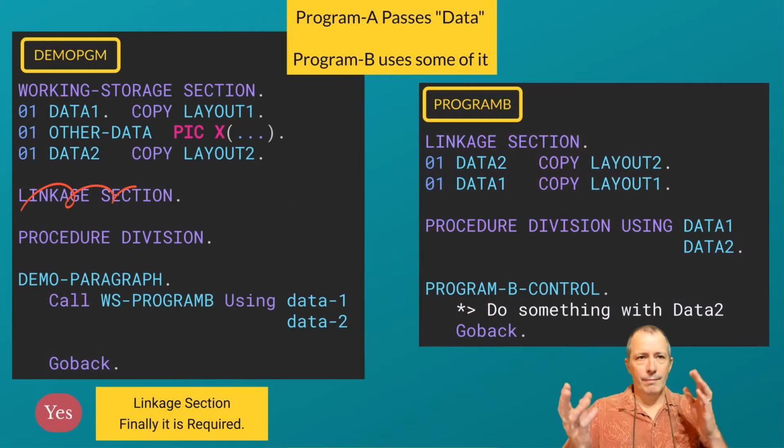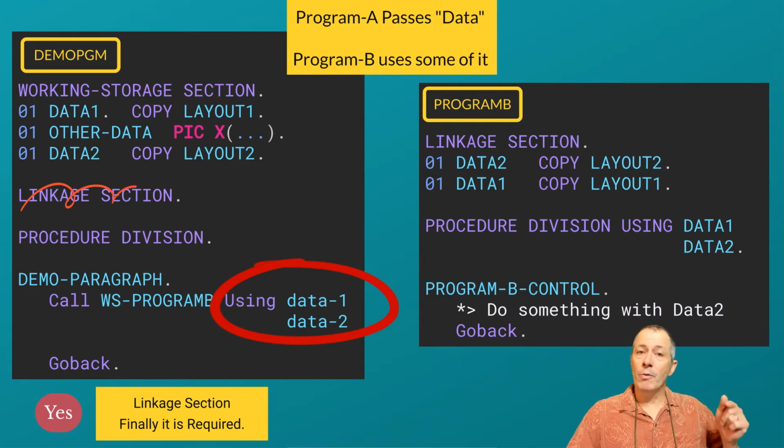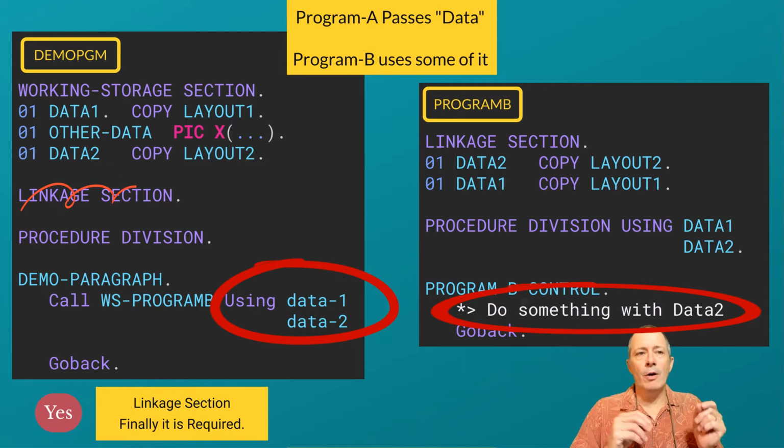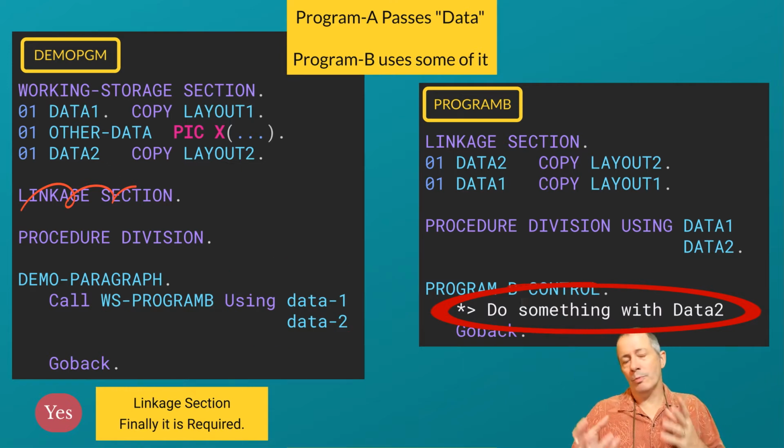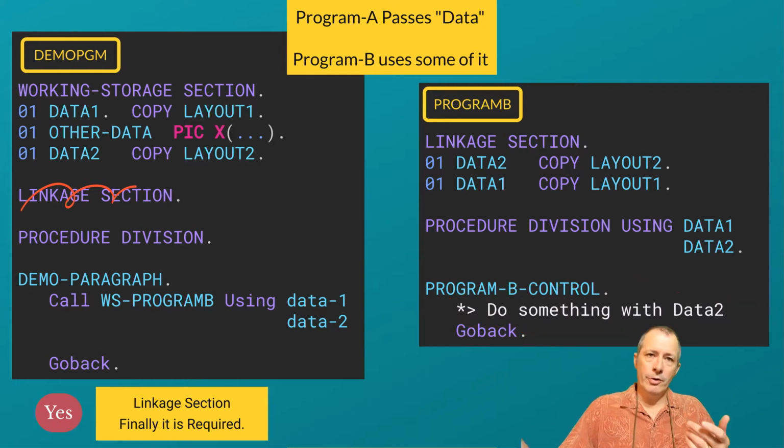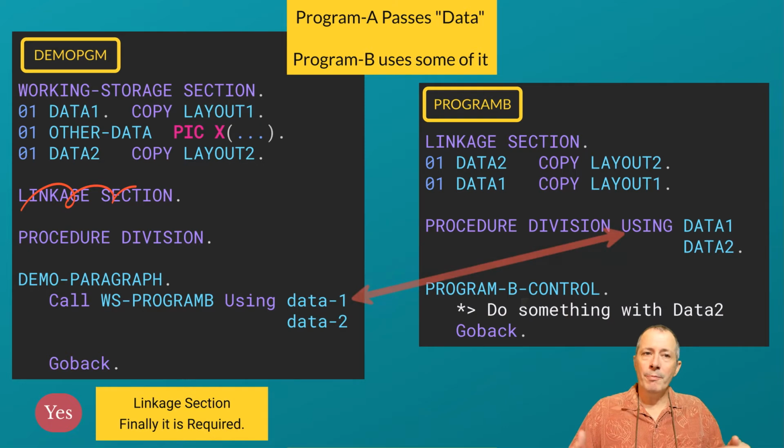Finally, the situation that explains when the linkage section is required. Program A passes data to program B, and program B needs to use some or all of the passed data to perform correctly. Looking at program B, it appears that B only cares about data2. Why was data1 mapped?